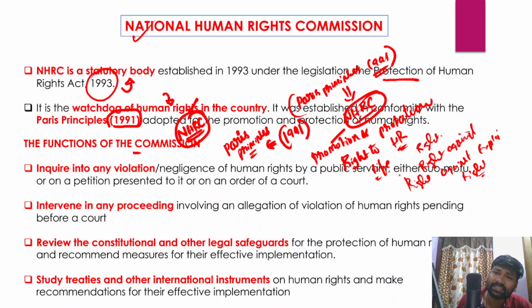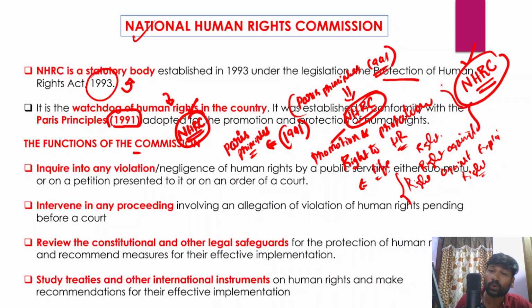All these rights are considered basic human rights, and it is very important to protect them. That's why a body which should be independent has to be established to protect the human rights of the people. In case anyone's rights are violated, they can approach the National Human Rights Commission for the protection of their rights. I hope you have understood the need for establishing a National Human Rights Commission.